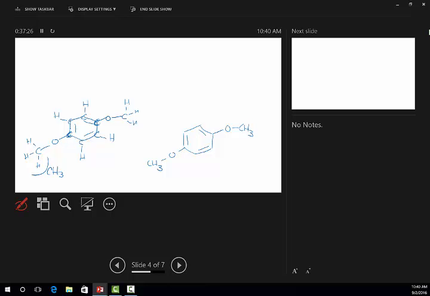This structure is something we'll work towards, but it's a combination of a line bond structure and a condensed structure. And I always like to show the CH3s at the end of the line just so there's no confusion. So let's do this.